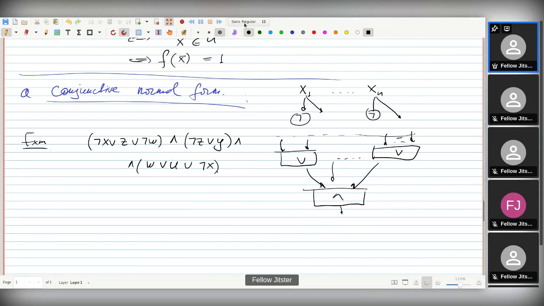Something like that. And in fact, as an exercise, you may prove that every Boolean function is expressible as a CNF. There exists a CNF, it is not unique, a CNF circuit C such that C computes our function f.